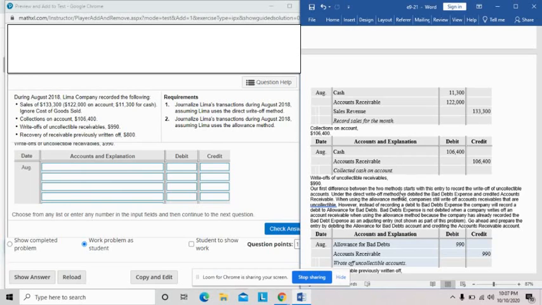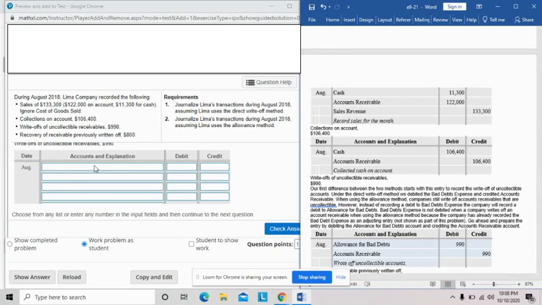However, instead of recording a debit to bad debts expense, the company will record a debit to the allowance for bad debts. Bad debts expense is not debited when a company writes off an accounts receivable when using the allowance method because the company has already recorded the bad debts expense as an adjusting entry, not shown as part of the problem. But now we will go ahead and prepare the entry by debiting the allowance for bad debts account and crediting the accounts receivable account.